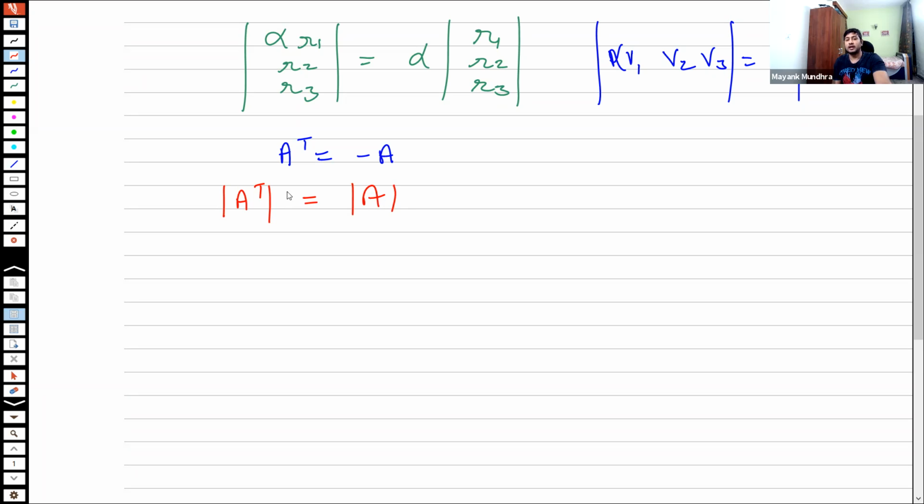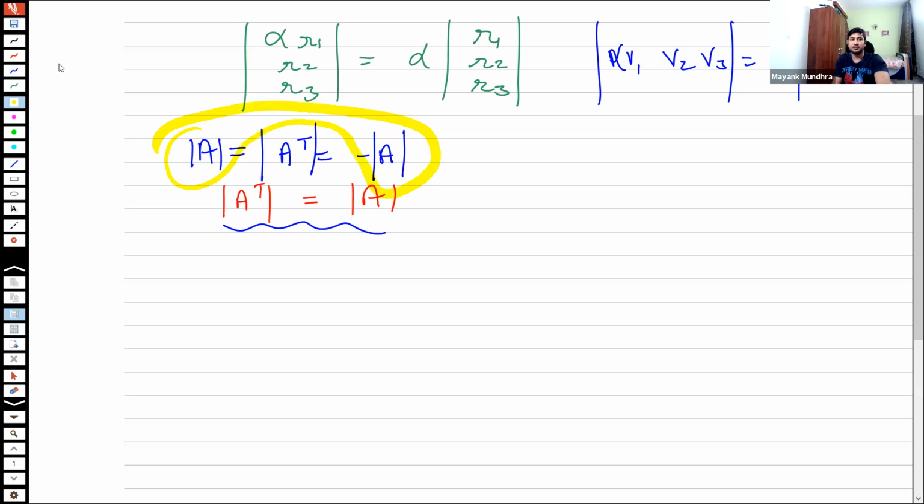Now, if I take determinant in this case, I have determinant of A transpose must be equal to negative of determinant of A. And by this property, determinant of A transpose must be equal to determinant of A. So when I combine these two things, what I get is that determinant of A is equal to minus determinant of A, which implies that determinant of A must be equal to 0.